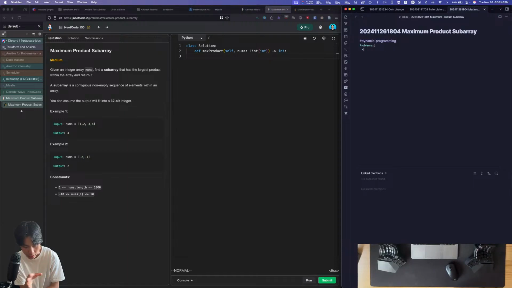You can think of it as a backtrack, for example, maybe. So let's think about it in terms of a backtrack first, originally. If you think about it as a backtrack, 1, 2, negative 3, and 4. 1 and 2.